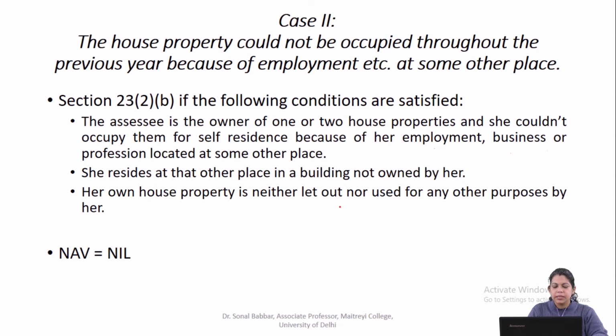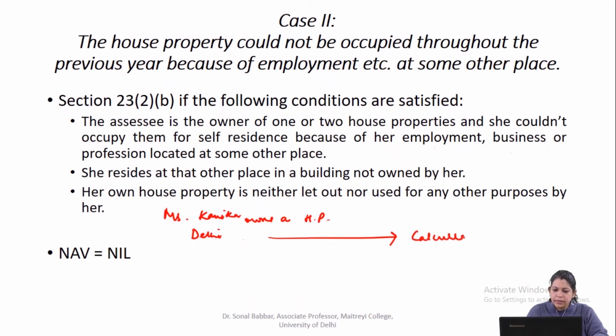Her own house property is neither let out nor used for any other purposes by her. For example, Miss Kanika has a property located in Delhi. She is the owner of a property in Delhi. And because of her profession or business, she has to go and reside in Calcutta.